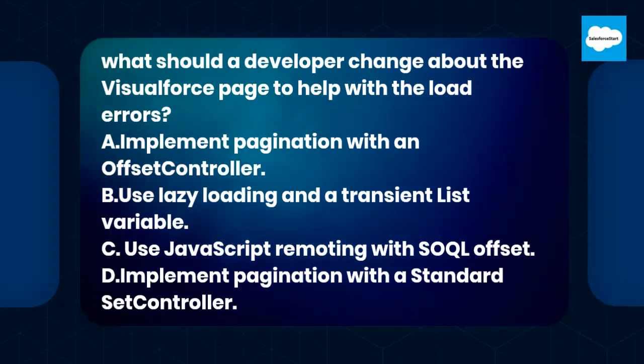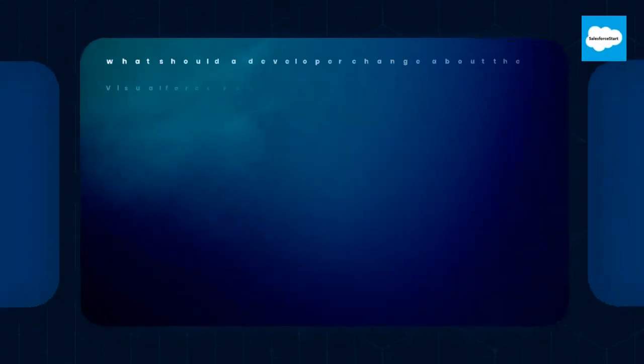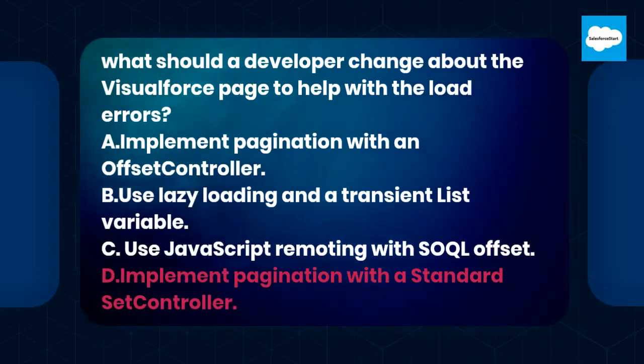A. Implement pagination with an OFFSET controller. B. Use lazy loading and a transient list variable. C. Use JavaScript Remoting with SOQL OFFSET. D. Implement pagination with a StandardSetController. The answer is option D: implement pagination with a StandardSetController.